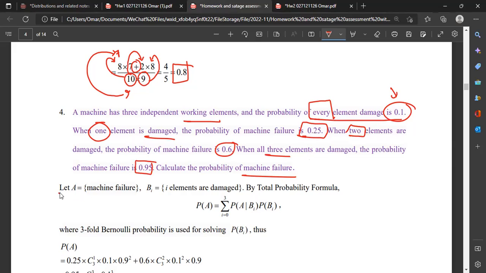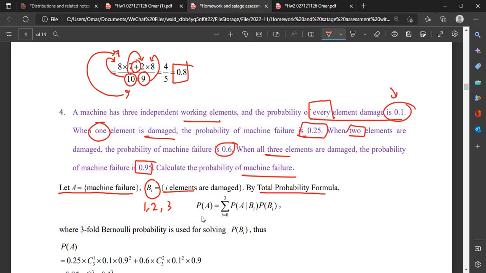So let's say A is the event of machine failure, and Bi. Here i means the ith element: the first element, or the second element, or the third element. Which element, how many elements are damaged? So Bi means i elements are damaged, and we have to use the total probability formula here.